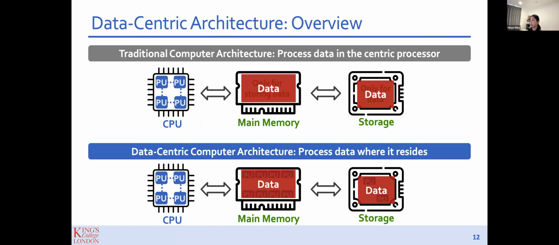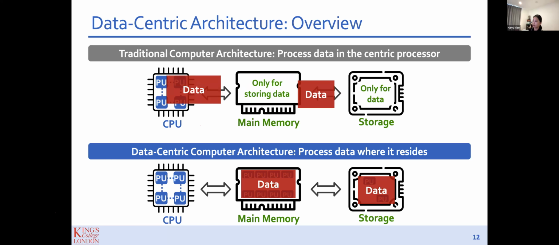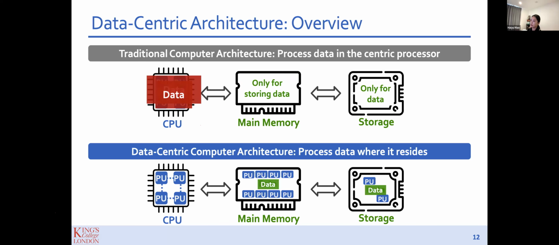So here is a comparison when we have a lot of data inside memory and storage. In the traditional computer architecture, we need to slowly transfer all of the data over the off-chip links from the memory and storage to the CPU, and then we process the data, right? However, in the data-centric architecture, we can process some or most of the data inside the memory and inside the storage.